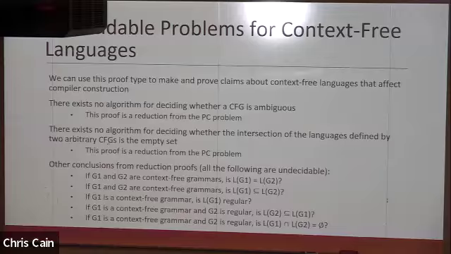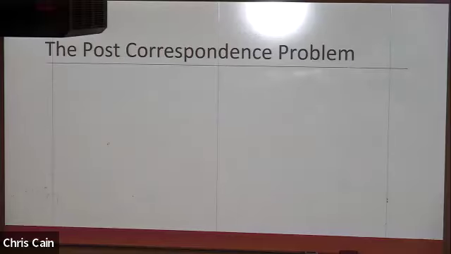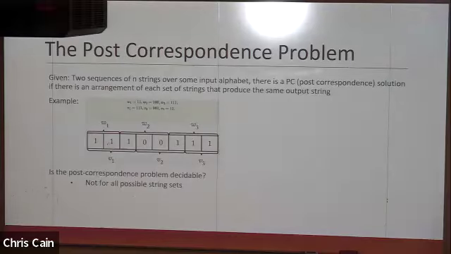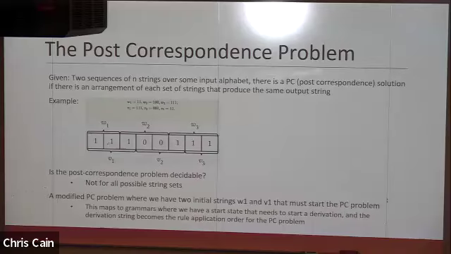Could you explain the post-correspondence problem? Because I tried to explain on the midterm, I feel like I did a bad job. I did it with dominoes, where each domino had a top and a bottom. So like W1, B1 would be its own domino.